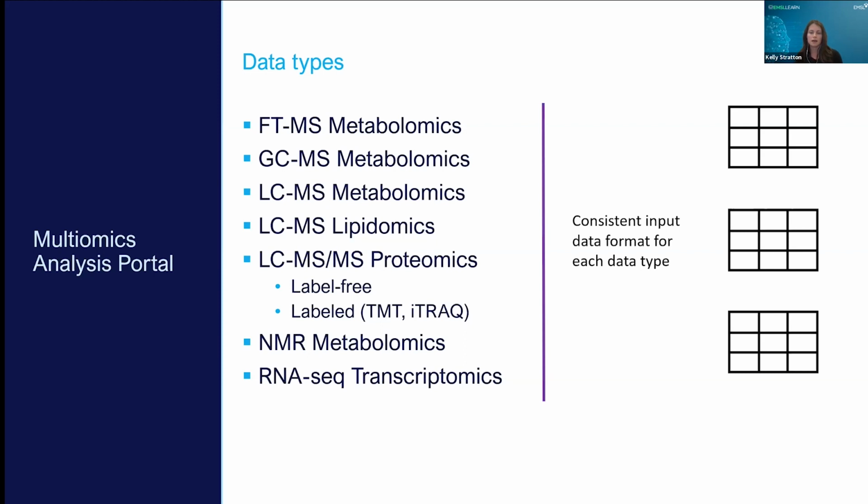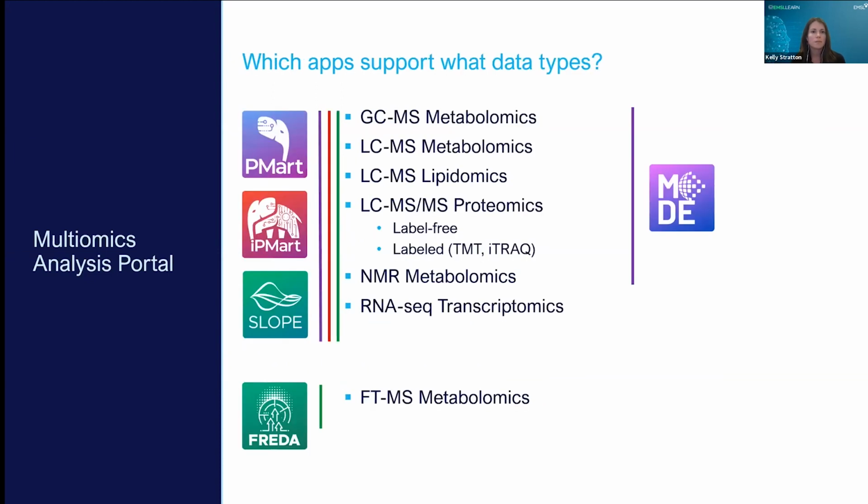And as we've alluded to already, in the development of MAP we have made it so that there's a really consistent format for the data files that currently need to be uploaded to MAP, regardless of the type of data that you're working with. I'll go into the format of the data in a couple of slides.